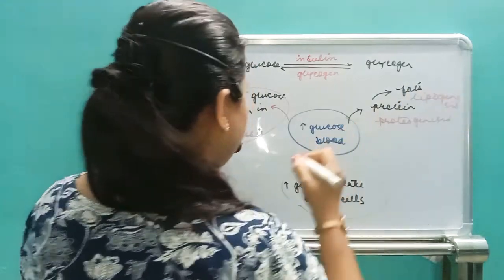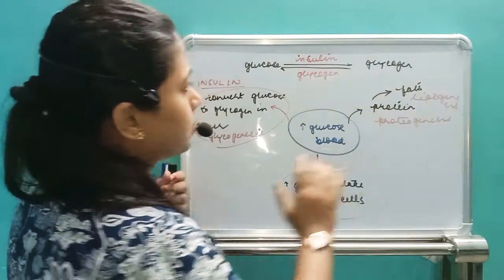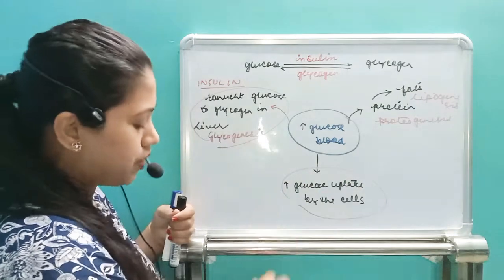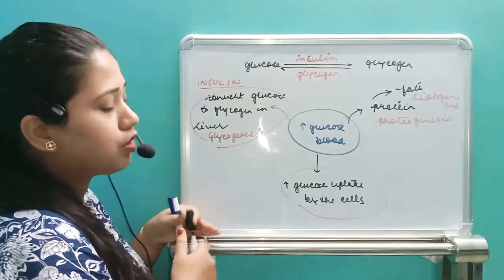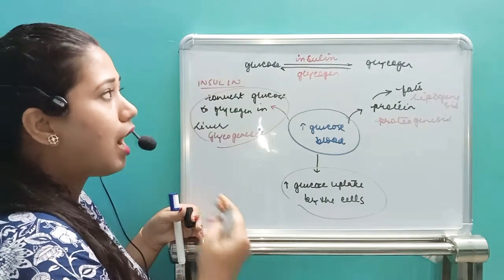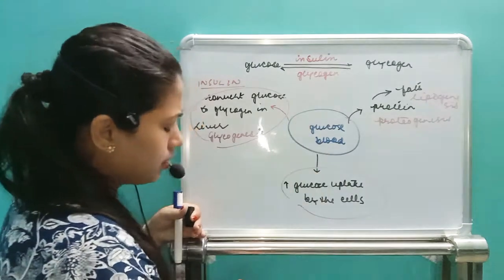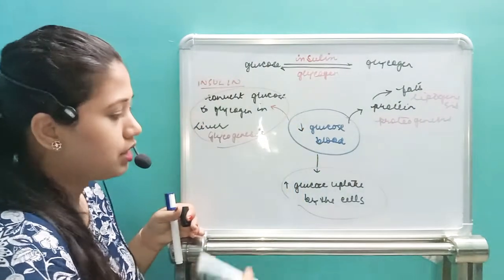So these are the functions performed by the insulin. Exactly the opposite function will be performed by glucagon. So suppose we have a low glucose level in the blood, then what will happen?